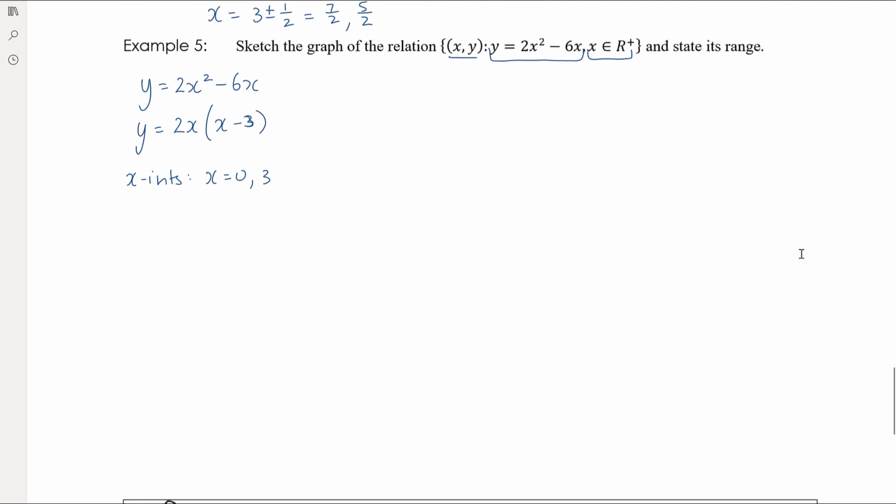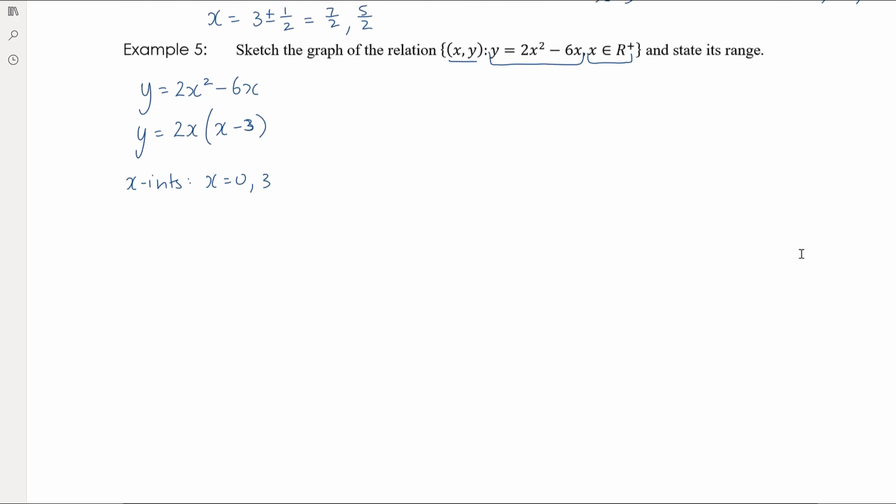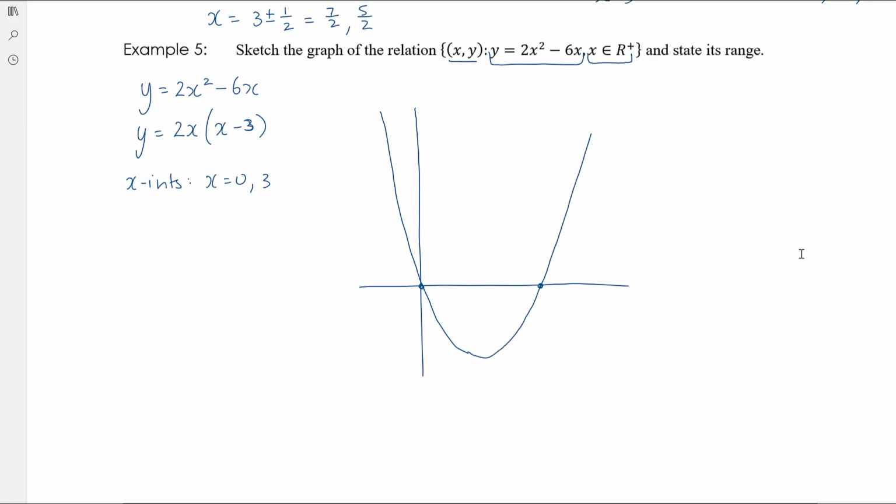We probably need the turning point in sketching the graph. We certainly need the turning point in thinking about the range. So if I just do a rough sketch here now of the graph, just to give you a sense of what's happening, you've got a happy parabola, so positive x squared term, with intercepts at 0 and 3. And so therefore thinking about the range of this parabola is going to require us to know about the minimum value, which is at the turning point.